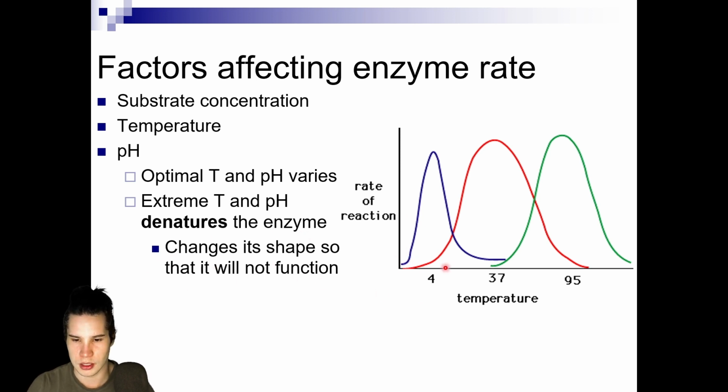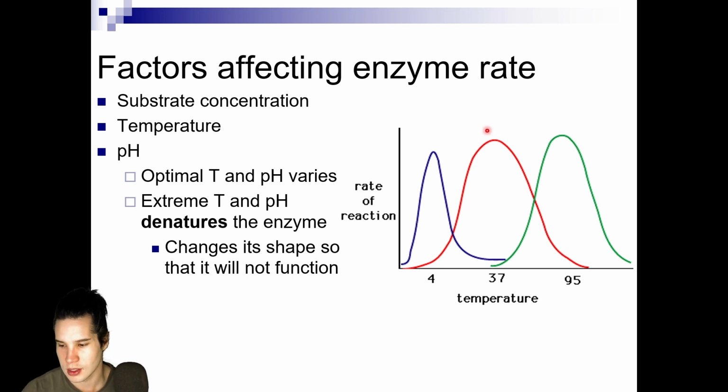So we could say that the temperature is the x-axis and the rate of reaction is the y-axis. And this blue line, you could say, at 4 degrees Celsius could be an enzyme that evolved to have prime activity at very low temperatures. So this could be maybe an archaea living in Antarctica, an enzyme that is produced by a certain archaea. And then we have 37 degrees Celsius.